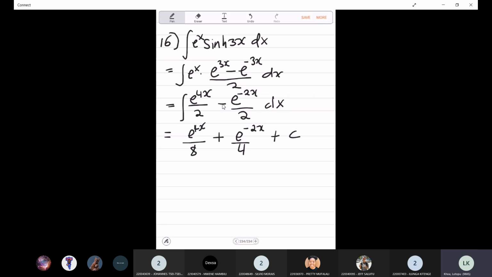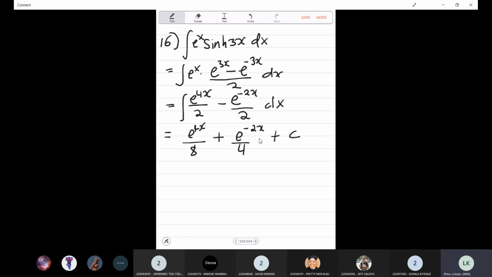So as usual, you can always very quickly check if what you have got is correct. Just differentiate this and see if you end up back where you started. That's how you know that what you've done is correct. And almost all the time, differentiating is much faster than integration.